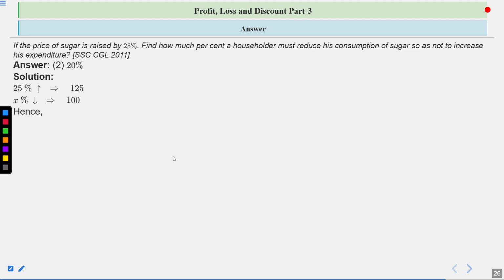So hence we can say that X equals 25 upon 125 multiplied by 100, because we can let the consumption be 125 when it is increased by 25, and when it is decreased by X%, it should be equal to 100. So 25 was increased out of 125 multiplied by 100. So the consumption is decreased by 20%. So second is the correct answer of this question. Next one.